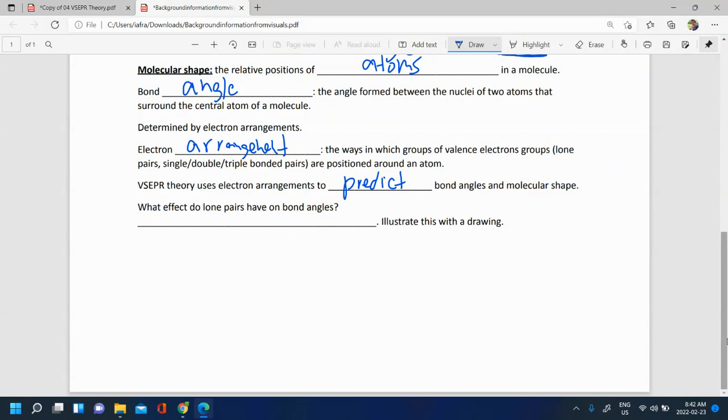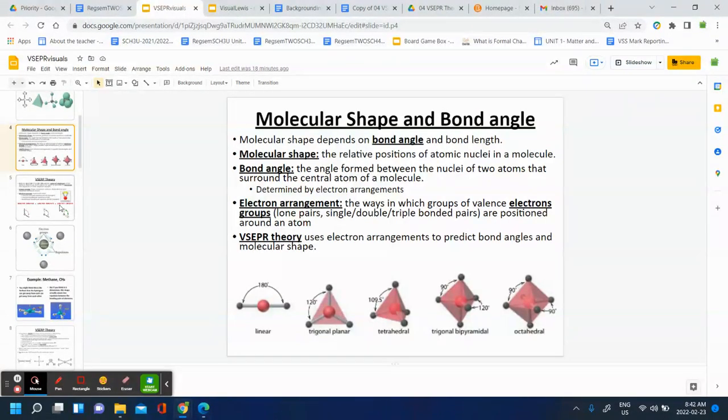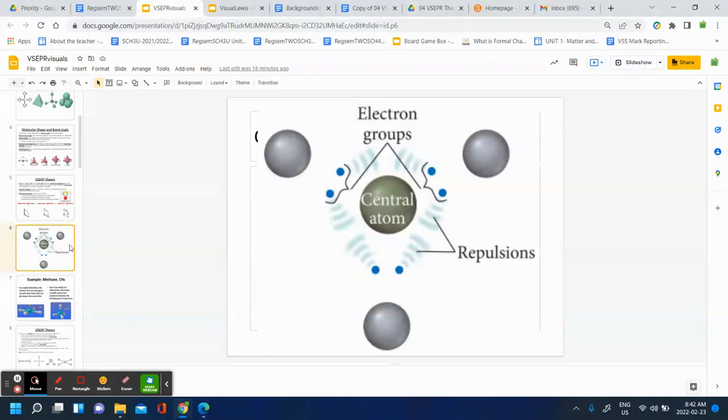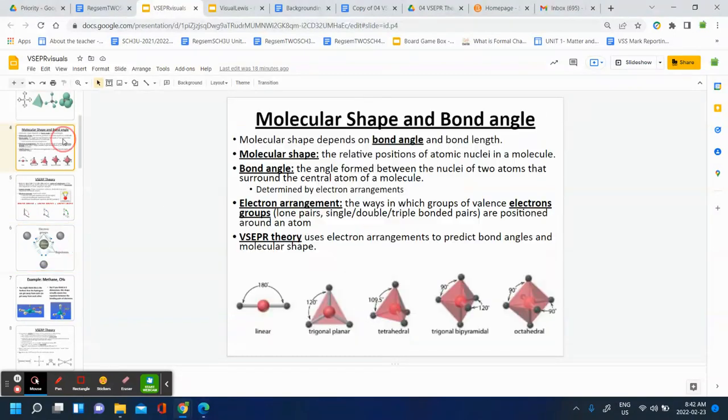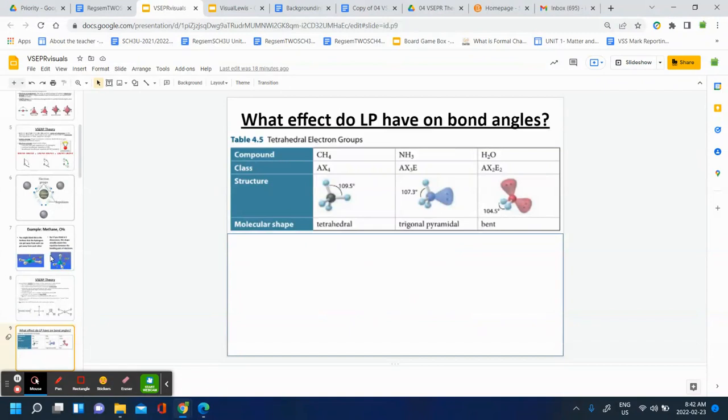So when we look at what effect lone pairs have on bond angles, well, we can take a look at a picture here.